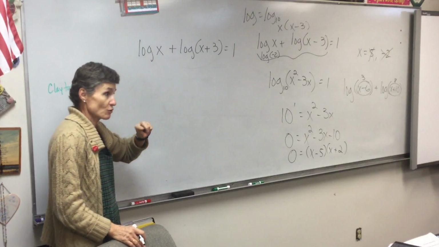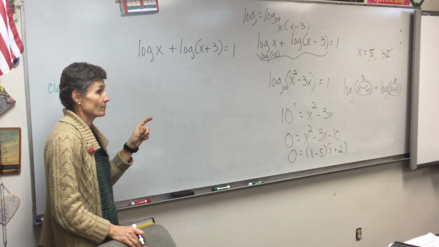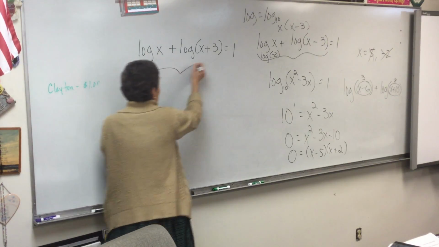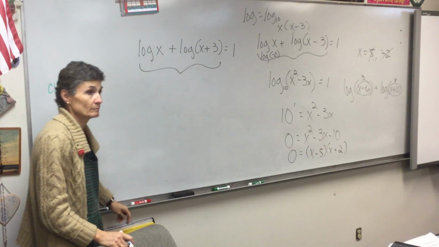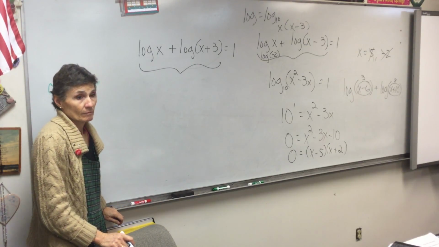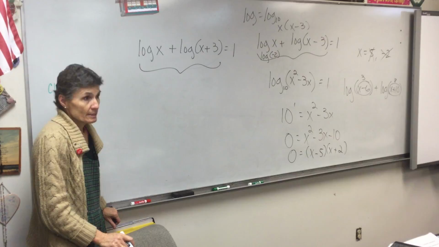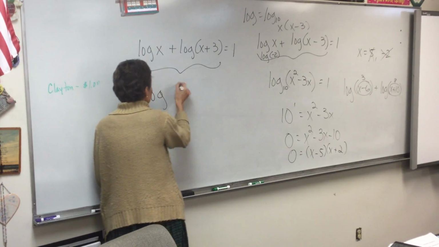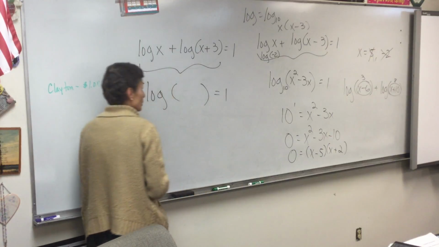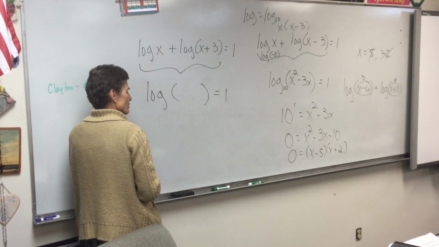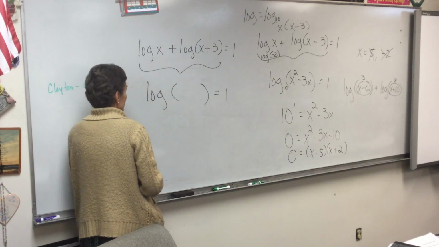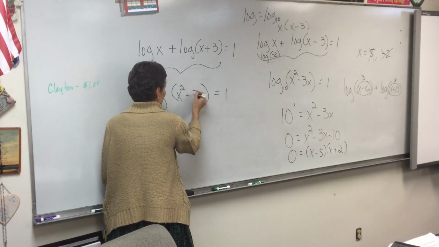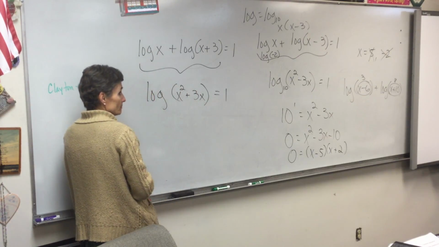Now, that doesn't change a thing about how we start. You must put these two together. They're going to be multiplied, so it's going to be x squared plus 3x this time.